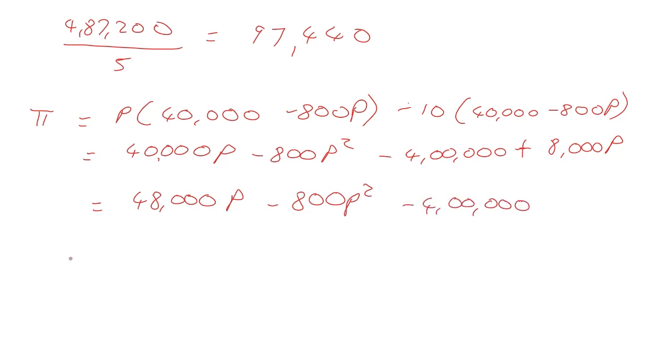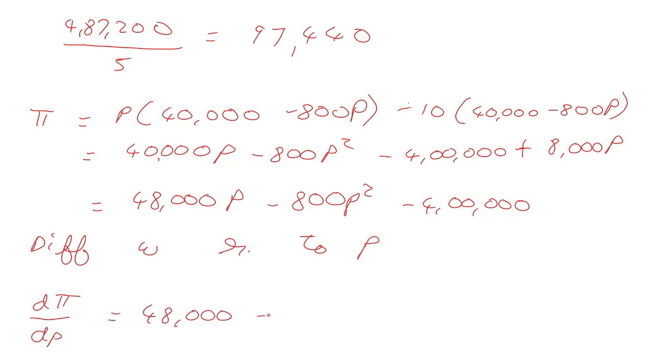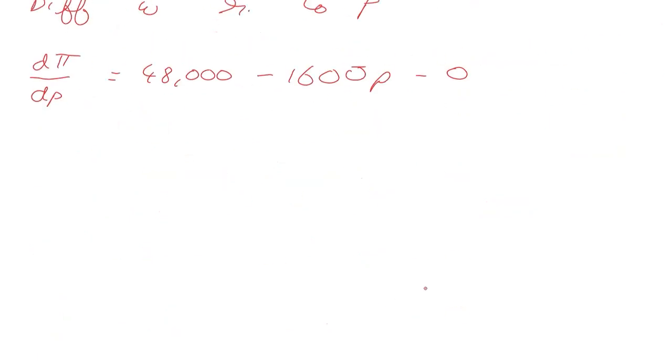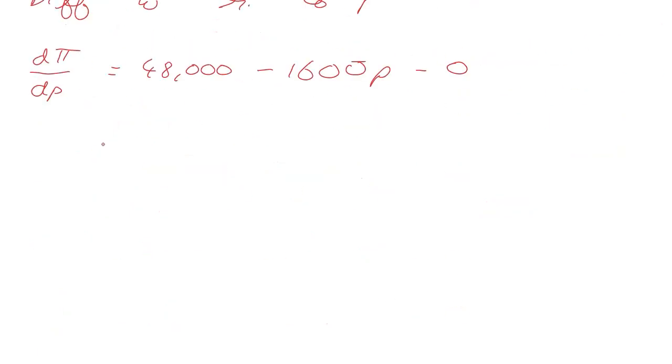Now I am going to differentiate with respect to P. So I get d pi by dP is equal to 48,000 minus 1600 P minus 0. Then I can say 48,000 minus 1600 P is equal to 0, because this is after differentiation.